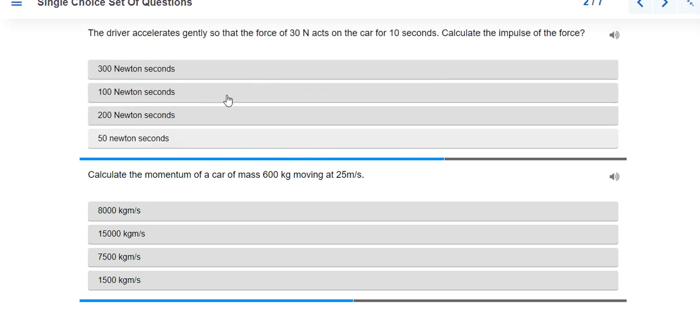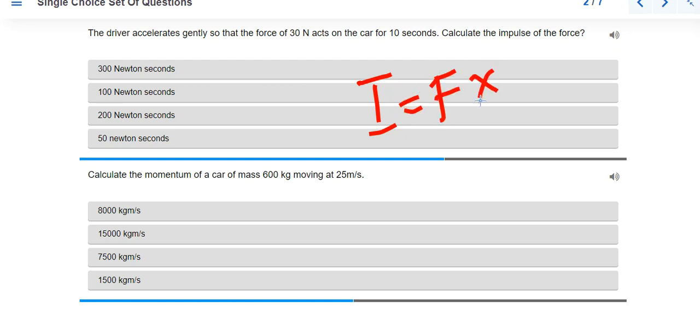Also, a driver accelerates gently so that a force of 30 newtons acts on the car for 10 seconds. We have to calculate the impulse of the force. You know that impulse I is equal to what?